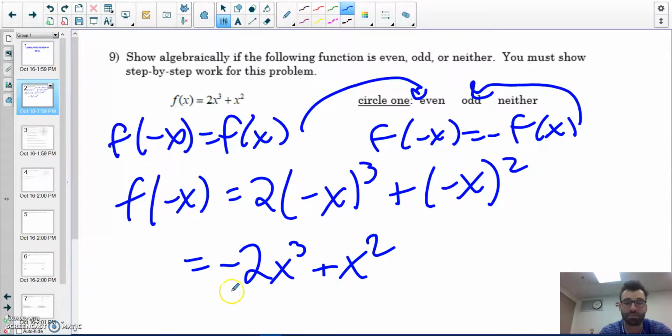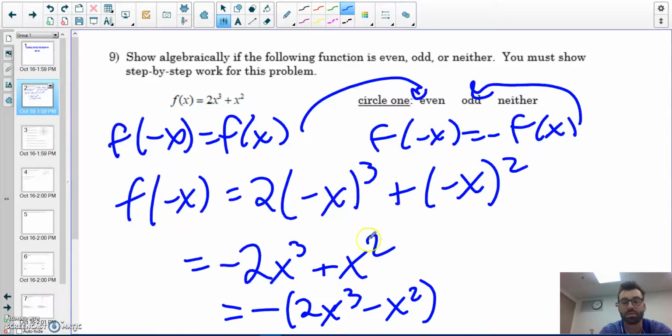If I think about it like this, if I take out the negative 1, it'd be 2x cubed minus x squared. So this is not even because this isn't our original. This is not odd because it's not the opposite of our original. If it were the opposite of our original, this would be a plus x squared. So this one, number 9, should be neither. Okay?